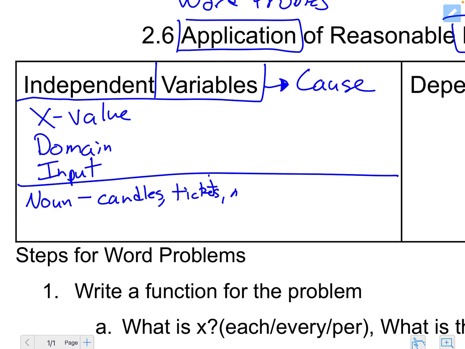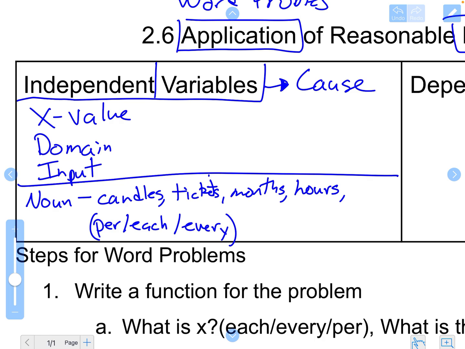We're talking months. We're talking hourly, so hours. But anything that is going to be our per, our each, or our every. And so that's going to be our independent variable when we're looking at word problems.